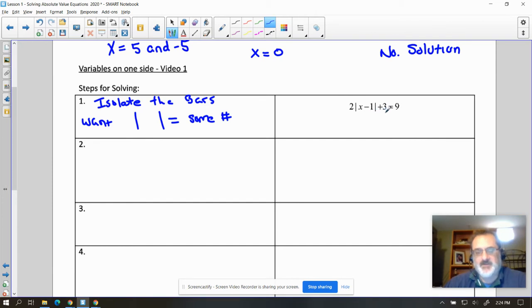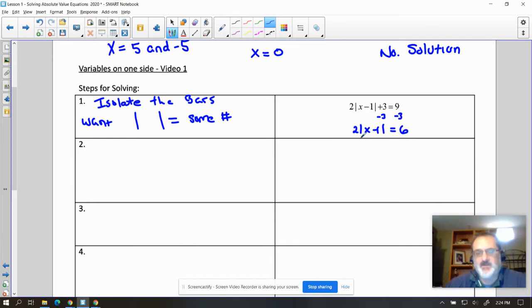I'm going to do two steps here. I'm going to get rid of the 3 and I'm going to get rid of the 2. To get rid of the 3, it's being added, so I subtract it from both sides. Minus 3 from both sides. 2 times the absolute value of x minus 1 comes down equal to 6. 9 minus 3 is 6.